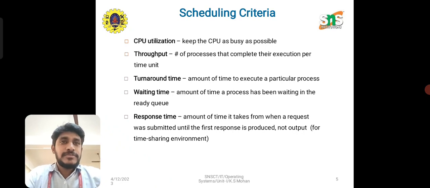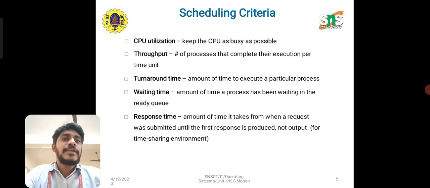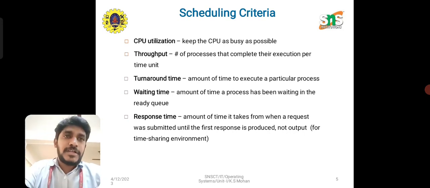These are basic concepts we have to remember. CPU utilization: keep the CPU as busy as possible. Whenever the CPU is processing one job, the next job is in the waiting state. After the current job completes, the next job automatically starts its process in the CPU.